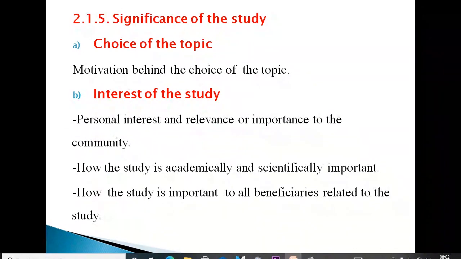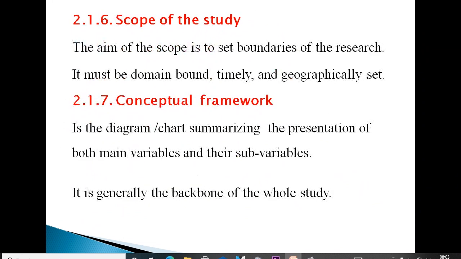In the interest of the study, the researcher presents personal interest, relevance, and the importance to the community. He shows how the study is academically and scientifically important. He shows also how the study is important to all beneficiaries related to the study.